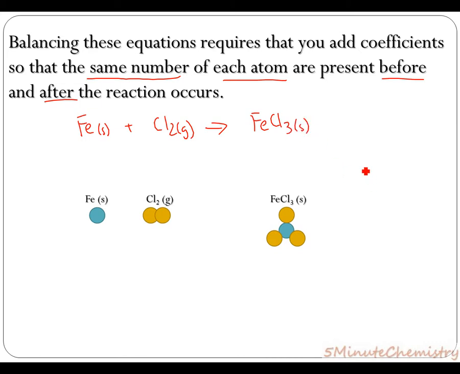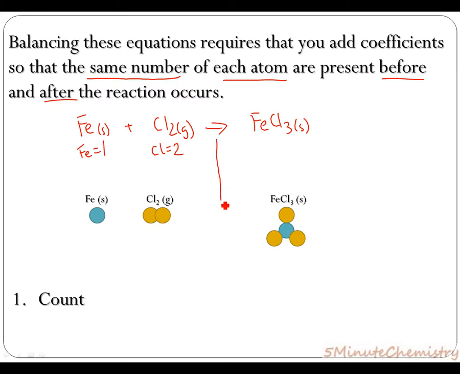Now, the thing to consider is we have to make sure we have the same number of atoms on both sides. So the first step in the process is to count. We're going to count up. We see that we have iron and only one atom of iron here on the left. Then chlorine, count them up, we have 2 chlorines on the left.